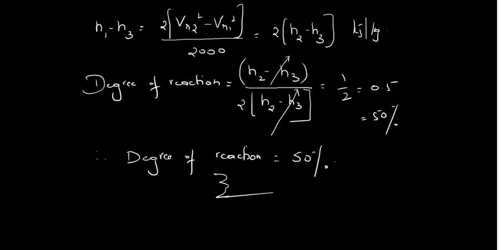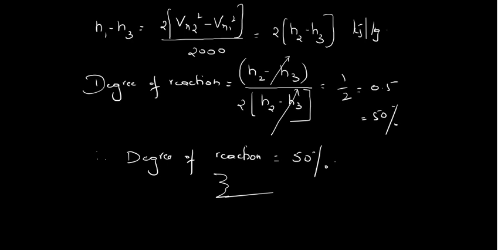I've derived the relation for 0.5 or 50% only for the Parsons reaction turbine. On this basis, we fixed a degree of reaction value of around 0.5 to 0.6 for such turbines. When the range is about 0.5 to 0.6, we call such turbines impulse reaction turbines.